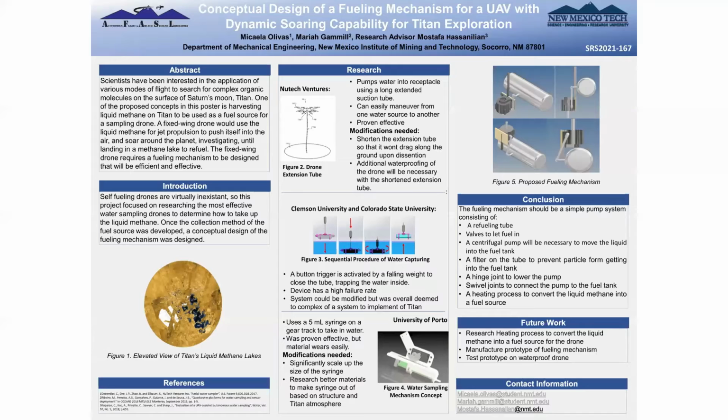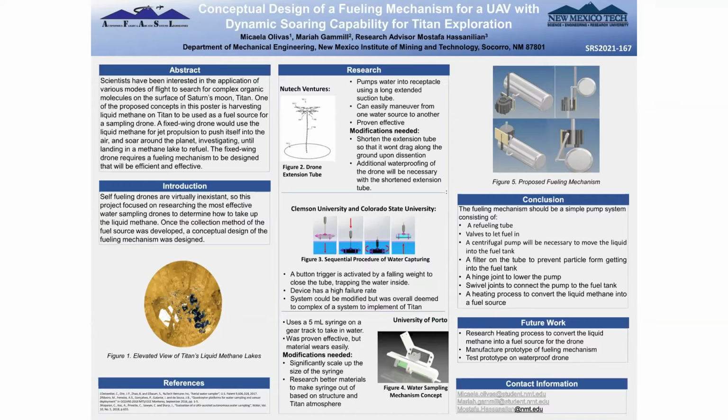So what we did was we looked into water sampling drones, because they still have to take up the samples. Some even go to various lakes at a time and then return to a different place. So our idea was to use something similar, but instead of storing the water, putting it into our fueling tank. In the middle of our poster, you can see the three main fueling systems that we looked into.